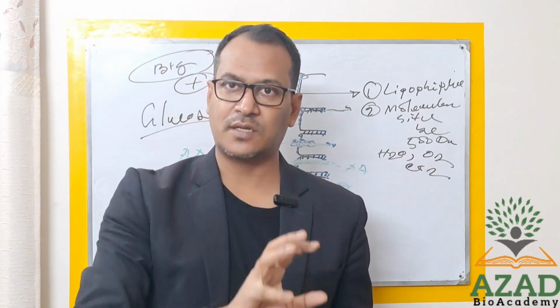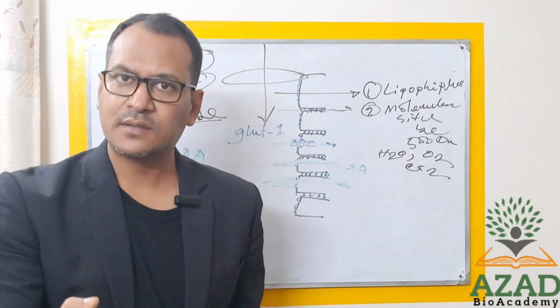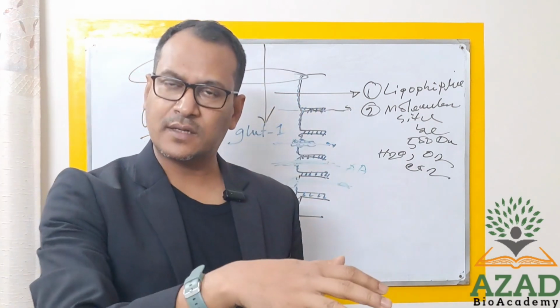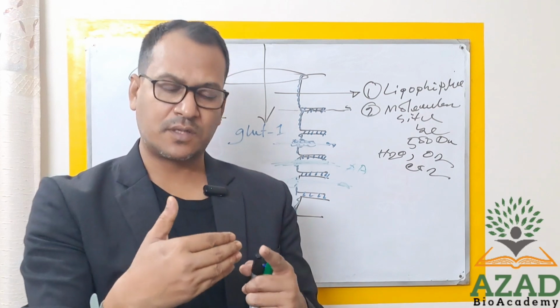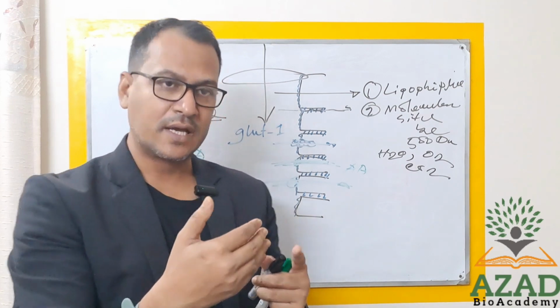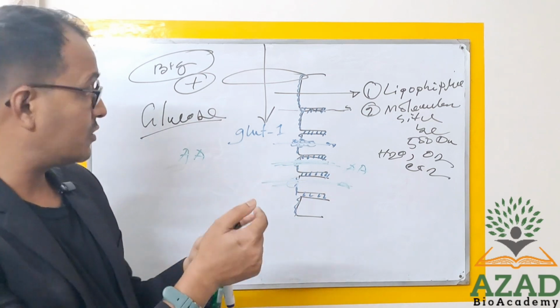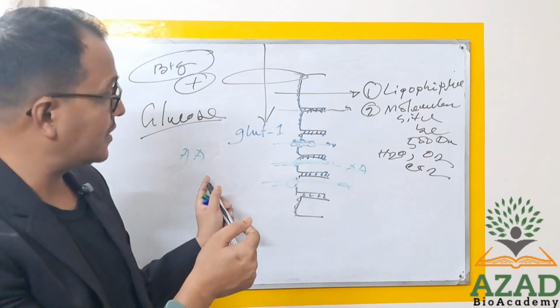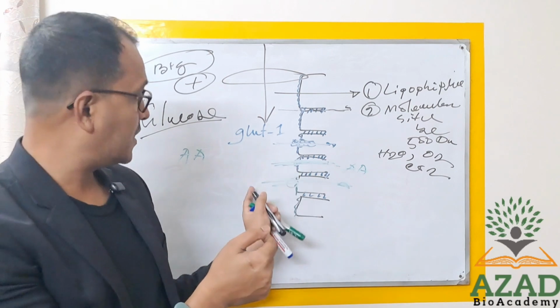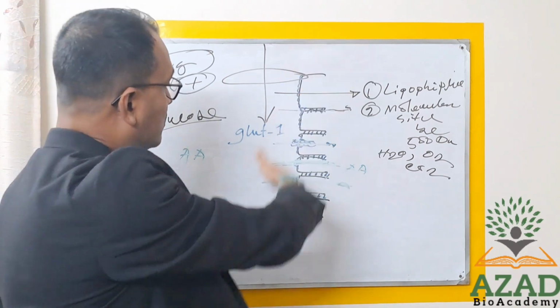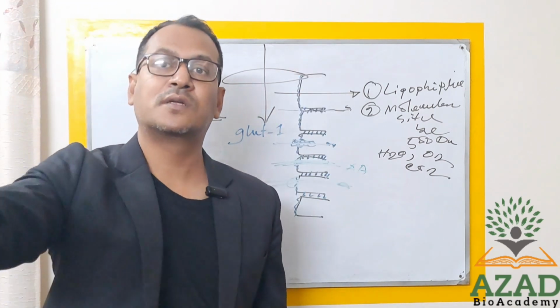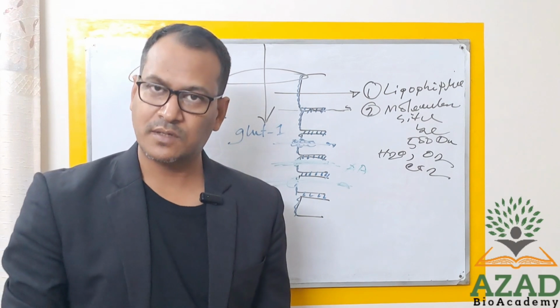The blood-brain barrier is there, so the drug must cross it. So it must meet the criteria of the transporter. You have to add something which meets the criteria of the transporter, and that will allow it from here to there. Otherwise, other normal transportation is restricted by the blood-brain barrier.